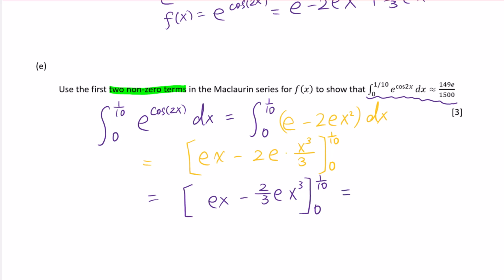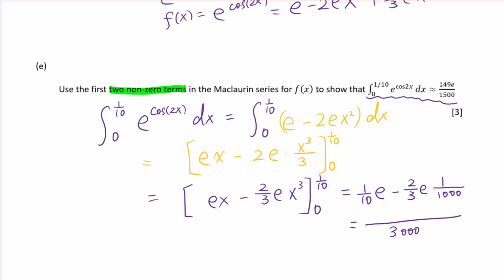Substitute 1 over 10 for x first. 1 over 10 e minus 2 over 3e times 1 over 10 to the third power, which is 1 over 1000. Organize. Denominator is 3000.